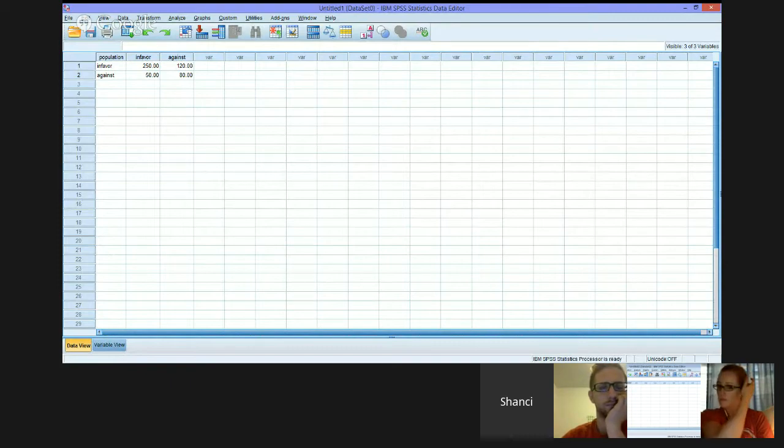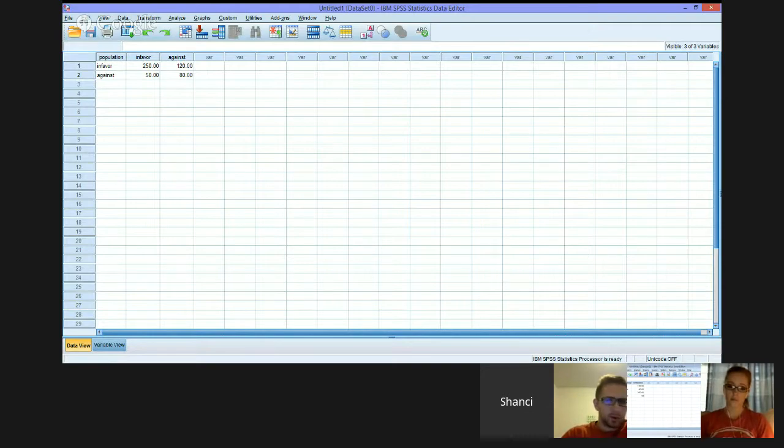Then in favor for Republican, and against for Republican. And then you have to put in the count, which is in favor of Democrats is 120. Democrats against is 80. Republican in favor is 250. And then Republican against is 50.